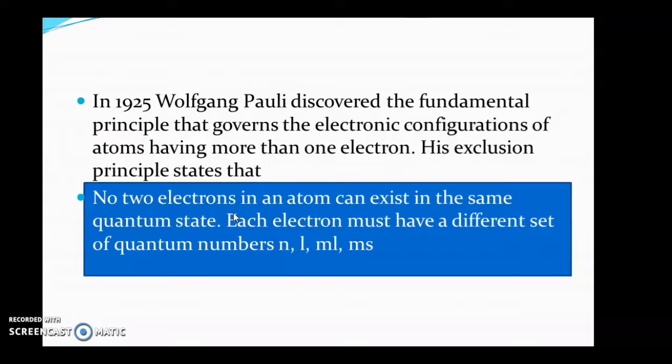So every electron should have a separate set of quantum numbers n, l, ml and ms. So this is the famous Pauli's exclusion principle.